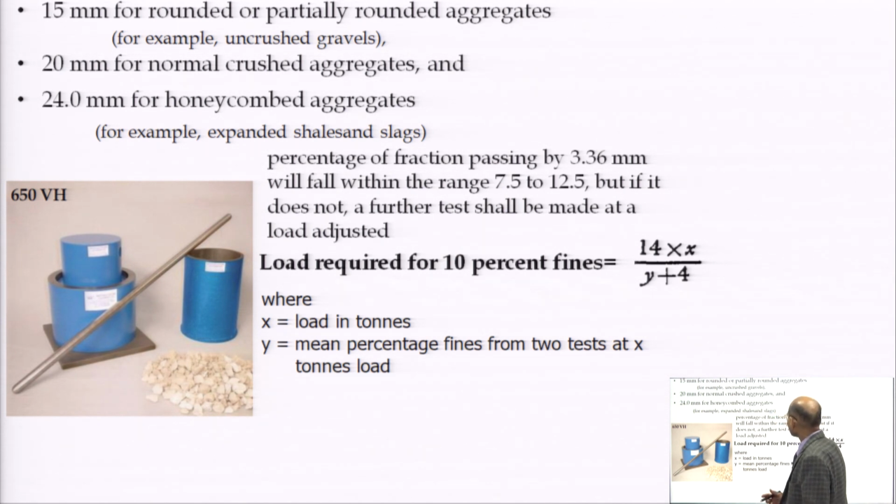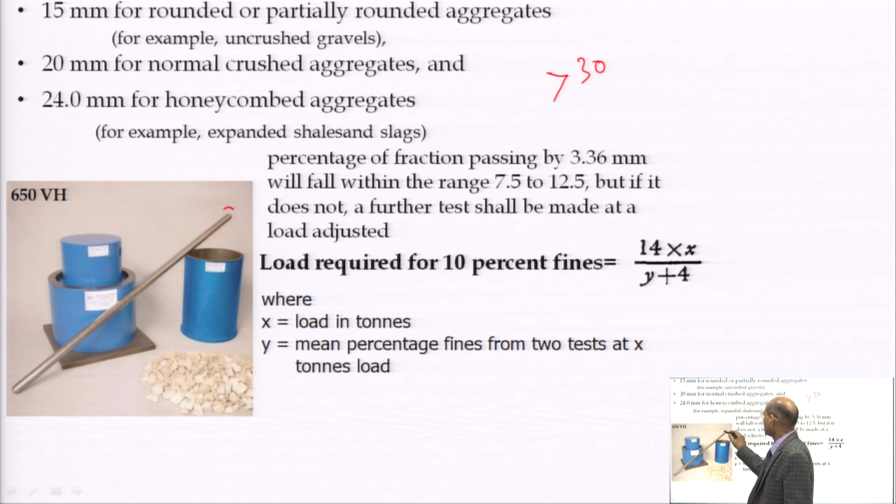Say our crushing value is more than 30%. In that case we take the aggregate in the measuring cylinder the same way, in 3 layers, and compact it with the help of this rod.